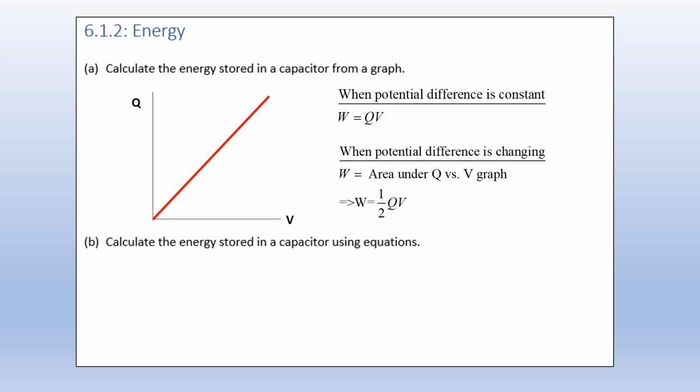In this situation, V is not constant, so the area is actually calculated using half QV. So that's how we calculate the work done on a capacitor and therefore the energy stored in the capacitor.